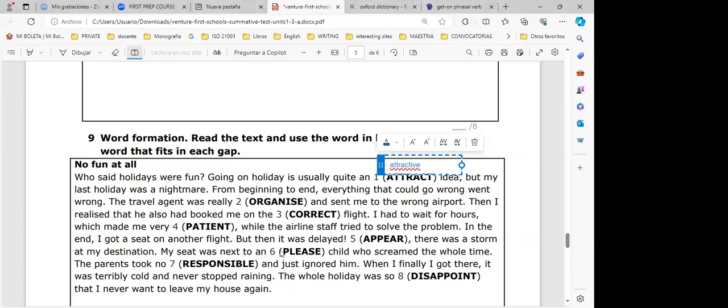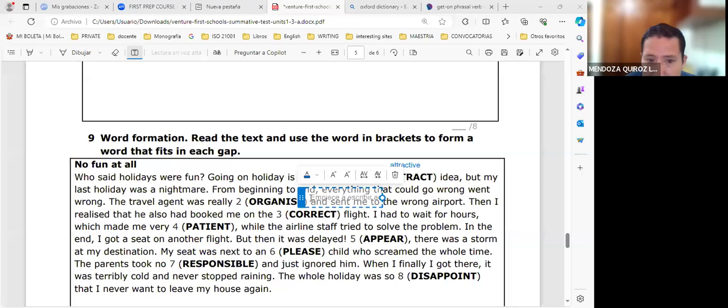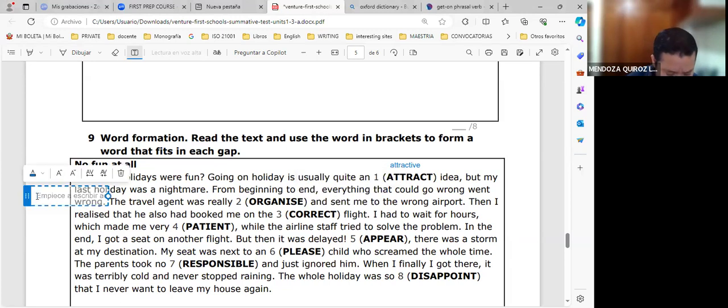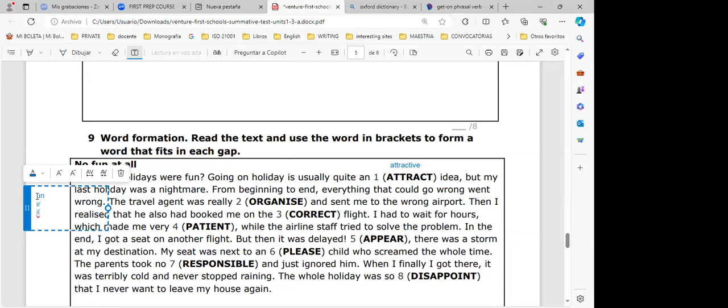The travel agent was really unorganized. Was really? Unorganized? Oh, that's not an. Another, you remember the prefixes? It can be an, it can be air, it can be ill, it can be this, it can be in.